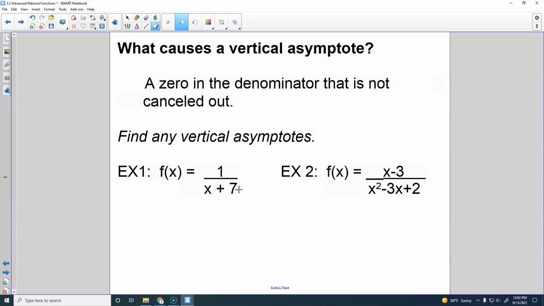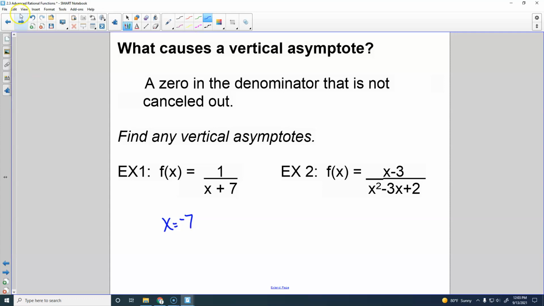And Elijah, what has happened to that graph? What's that plus 7 do to the graph? Very good. So that vertical asymptote is usually at 0 right here. If we move it to the left 7, I'm going to have a vertical asymptote at x equals -7.